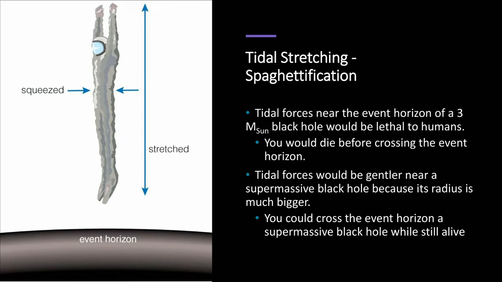But for a supermassive black hole, the event horizon is so big that this tidal force is not really that great until you're already inside the event horizon. So if you ever did want to try to go into a black hole and be alive when you got there, then a supermassive black hole would be your best bet. Not that I would recommend anyone trying to go into a black hole.